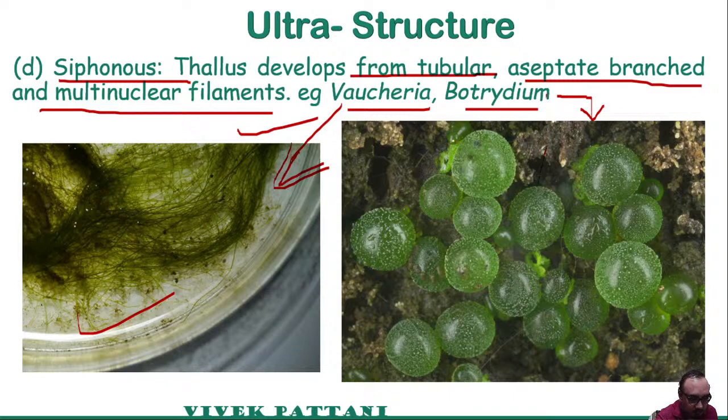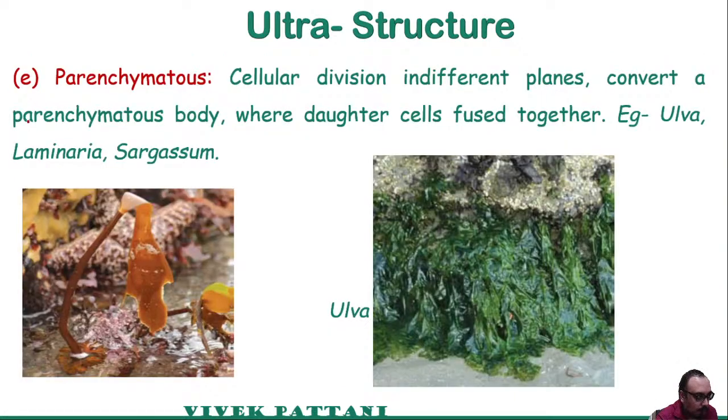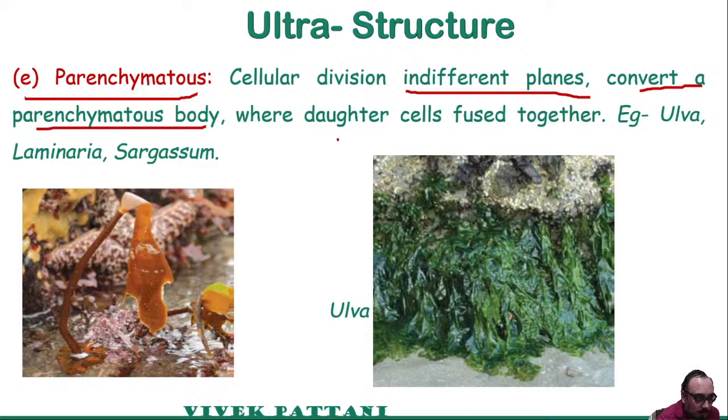The next one is parenchymatous. Cellular division in different planes converts it into a parenchymatous body where daughter cells are fused together, and the examples include Ulva, Laminaria and Sargassum.